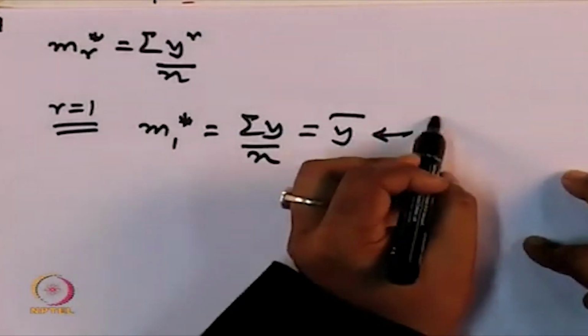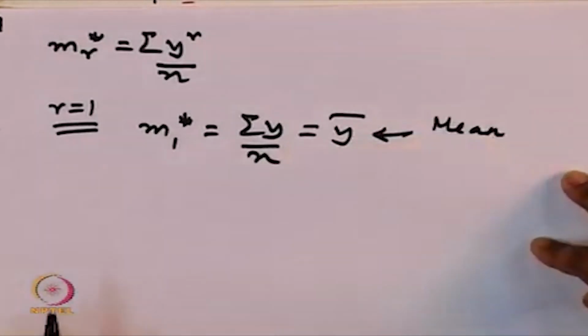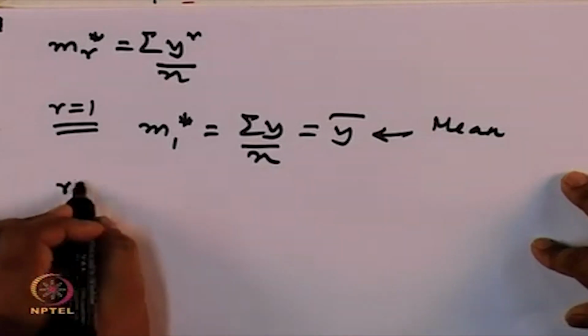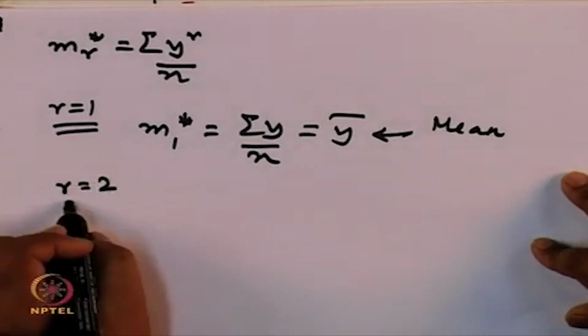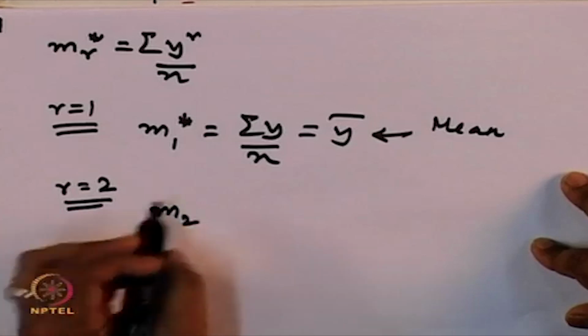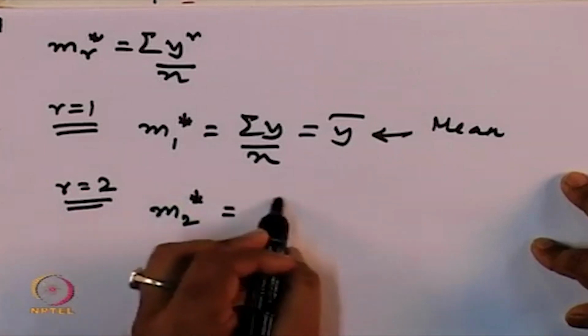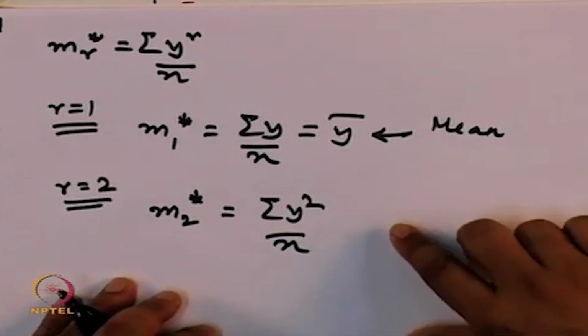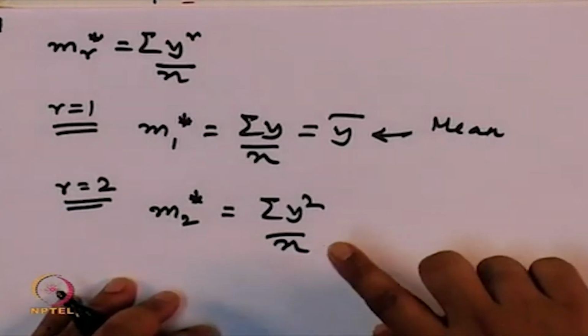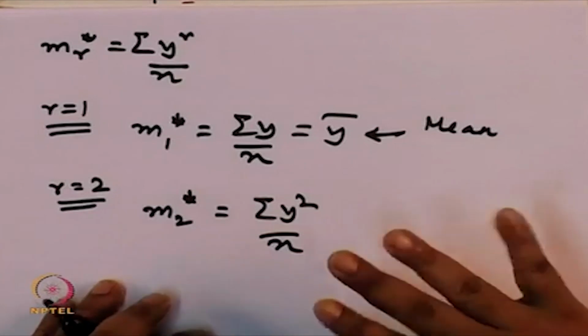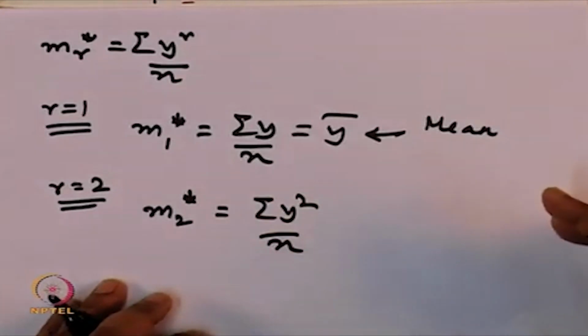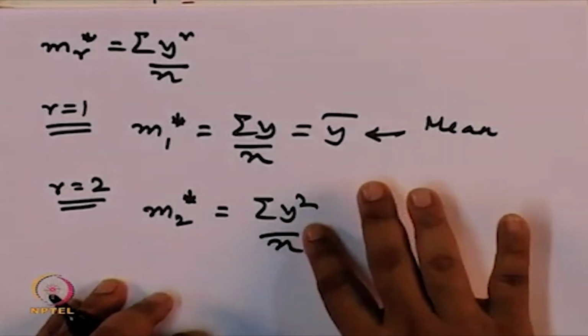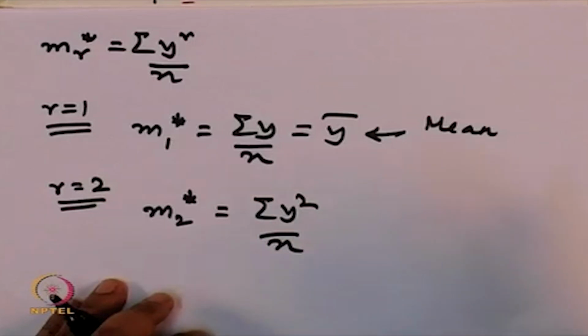So the first moment about 0 is your mean. What about r equal to 2? Then I have m2 star about 0 is summation y square by n, right. I know that the way standard deviation or variance is defined, you have a term of y minus y bar whole square by n.